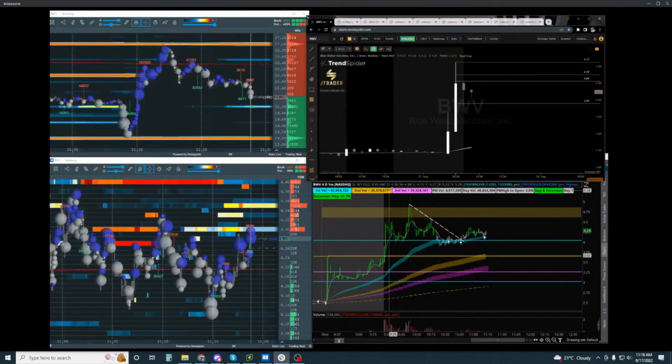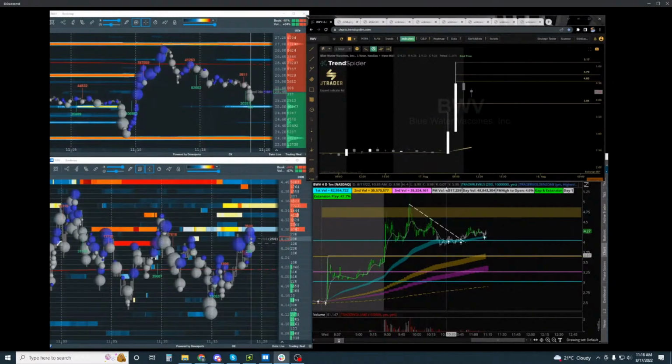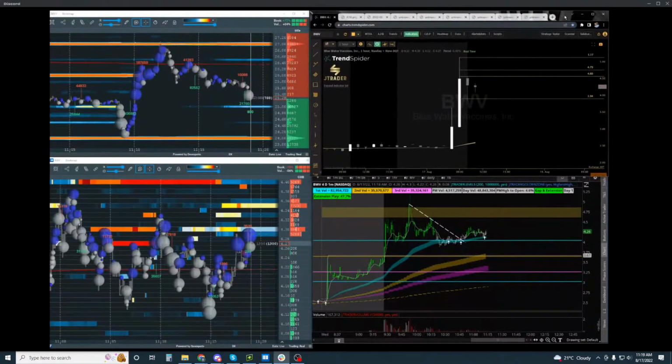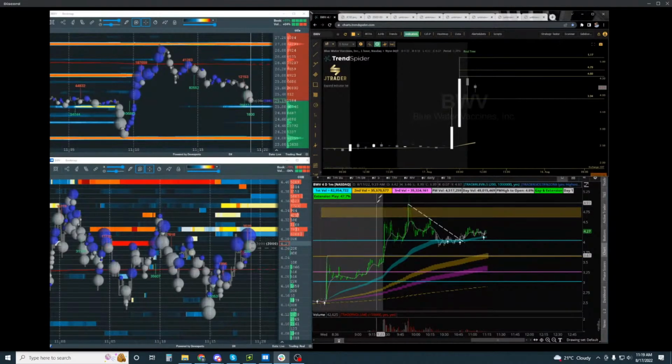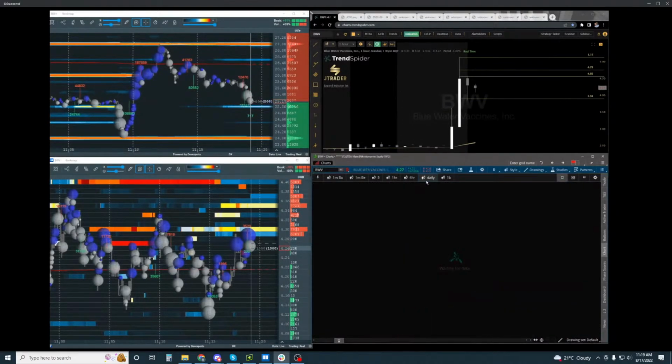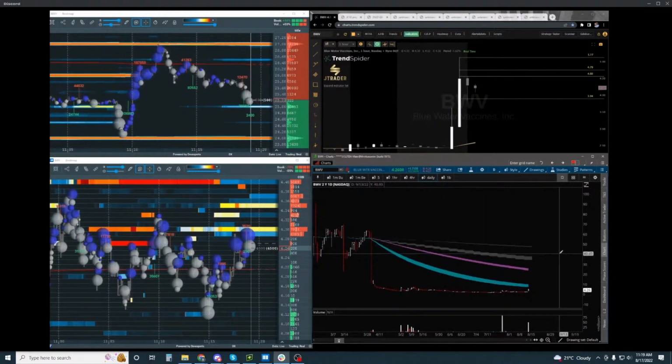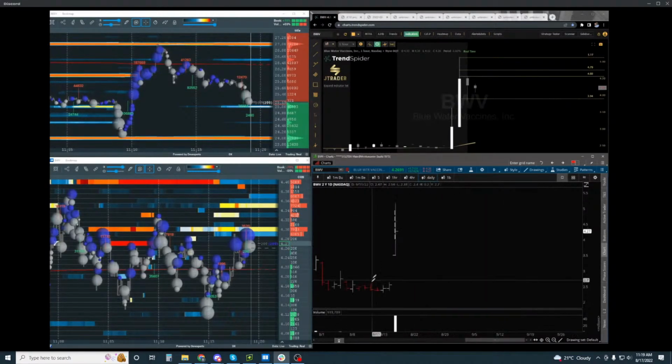So, of course, institutions are smart. They will tend to buy something that they believe in. I don't know now about DBWV or others in particular, but they won't buy something that they don't believe will work. I mean, something that has a daily chart like this, they won't really buy something like this, unless they start doing a merger or something crazy that they really believe can push it for the future.